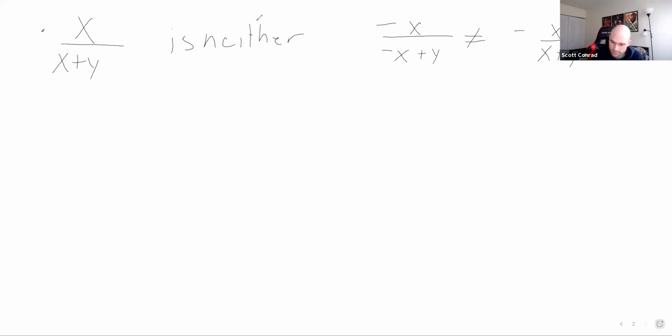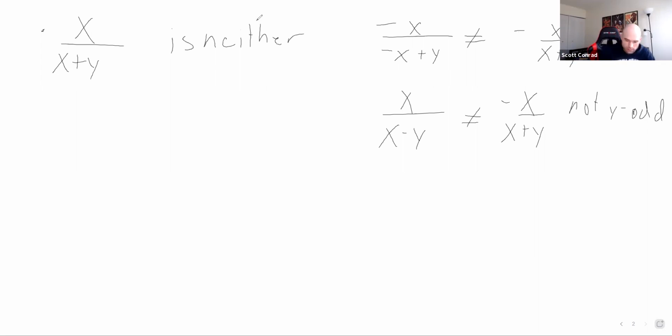So it's not x odd. And then when we do the same for y, we change y to negative y, we don't get negative x over x plus y, which is negative the original function. So we're not y odd either.